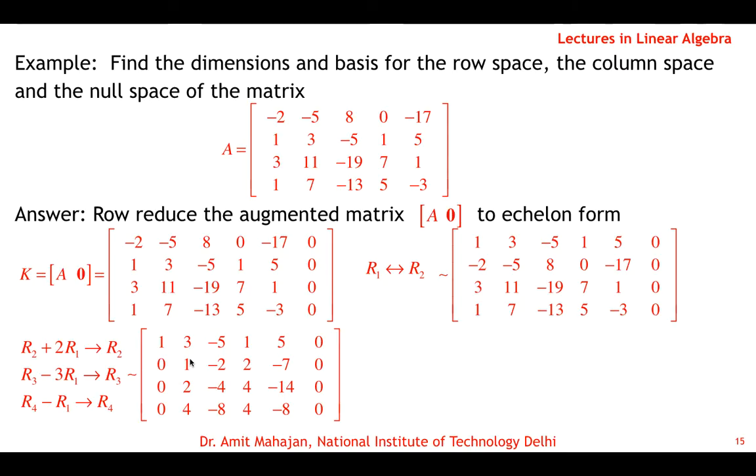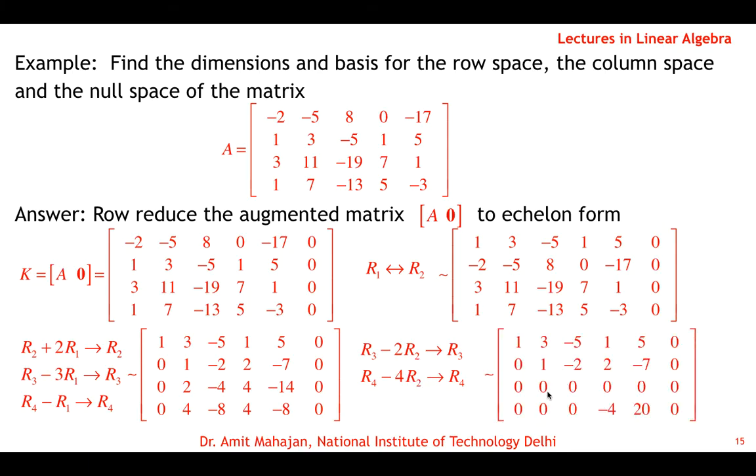Now in the second row, the 2 2 position becomes the leading element. So we have to use this to make the elements below it 0. Apply row 3 minus 2 times row 2 and row 4 minus 4 times row 2 to make these two elements 0.